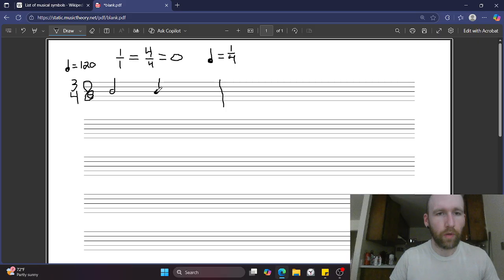Because a half note is equal to 2 quarter notes, right? And a quarter note is just 1 over 4. So basically we have 1 over 2, which is equal to 2 over 4, plus 1 over 4. So 3 over 4. So we've met our requirement here.